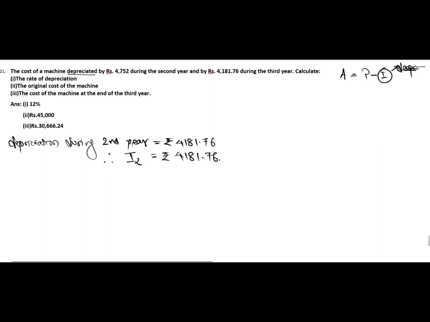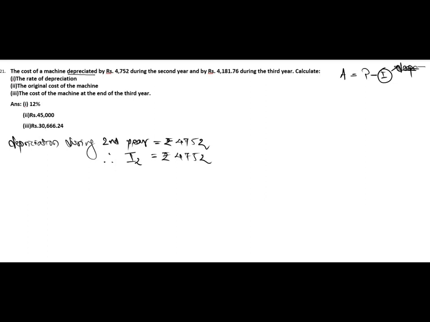Hey, I made a mistake again. I'm sorry about that. I will correct myself immediately. So depreciation during second year is rupees 4752. So I2 is rupees 4752.